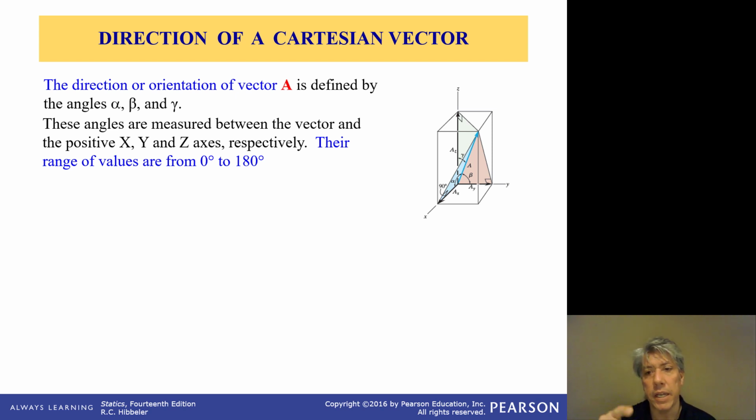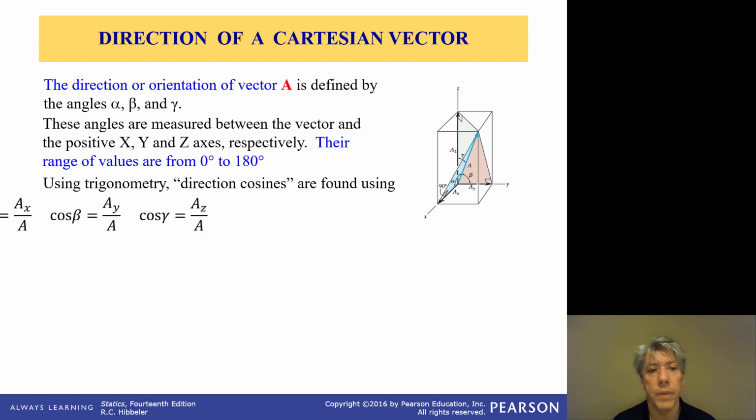So we've got alpha, beta, and gamma that match with x, y, and z. Those are the directions of this Cartesian vector. So this is the orientation of it, if you will. Okay. So the value of these angles will always range from 0 to 180 degrees, because if you go past that, you may as well measure it in the other direction.